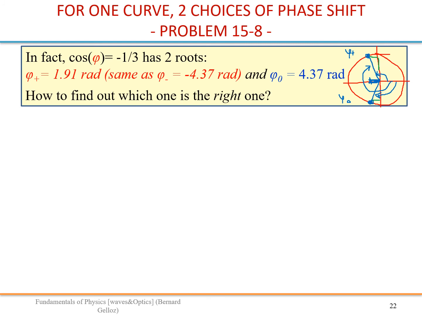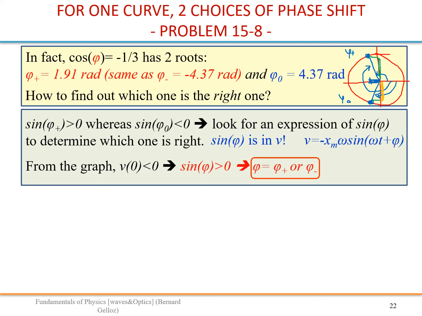The sign of phi plus is positive, and the sign of phi 0 is negative. So the amplitudes are the same, but one is positive, one is negative. So if we have an expression of the sign, we can differentiate. And we can do that using the speed. Okay, sine phi plus is positive, sine phi 0 is negative. We need to find an expression of sine phi.